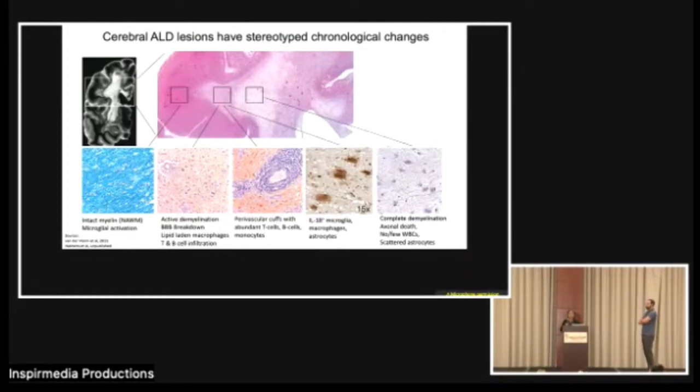We have innate immunity and adaptive immunity, and in adaptive immunity, we have B cells and T cells, which we can see in peripheral blood. But innate immunity is the first defense of the body. IL-18 is a product of the innate immunity that we can see in macrophages and microglia.